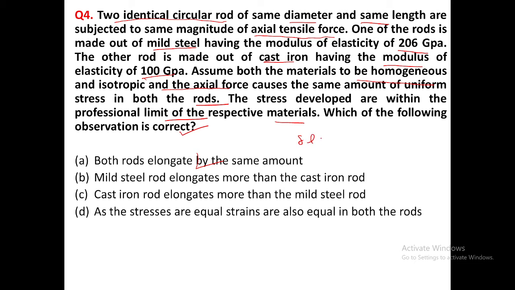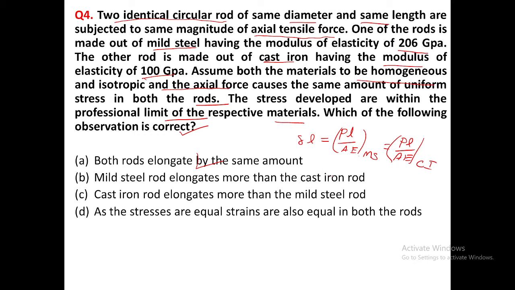So the deflection formula: del L equal to PL divided by AE for mild steel, equal to PL divided by AE for cast iron.